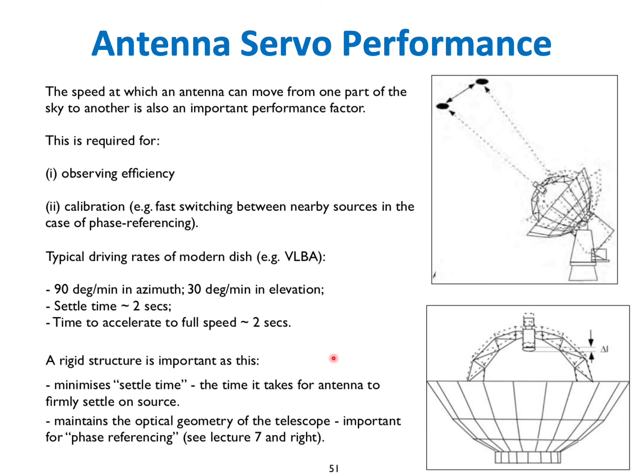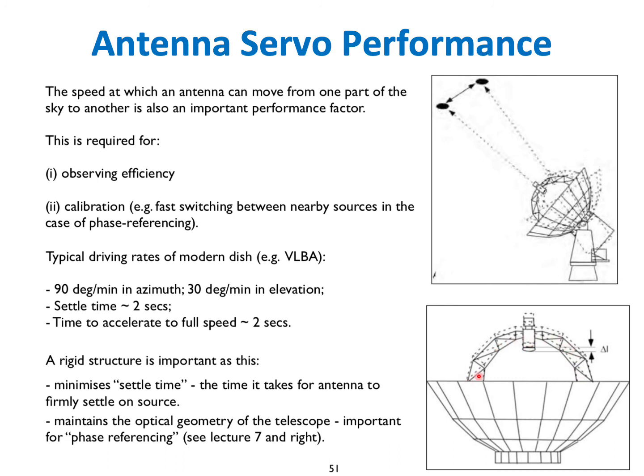Also, if, say, the support structure for your subreflector or feed is not rigid, and you point down at the horizon, say this structure would sag in one direction, then you point up at the zenith, straight up, this support structure compresses, and your feed or your subreflector gets closer to the main dish, which means it moves out of where the focus is.